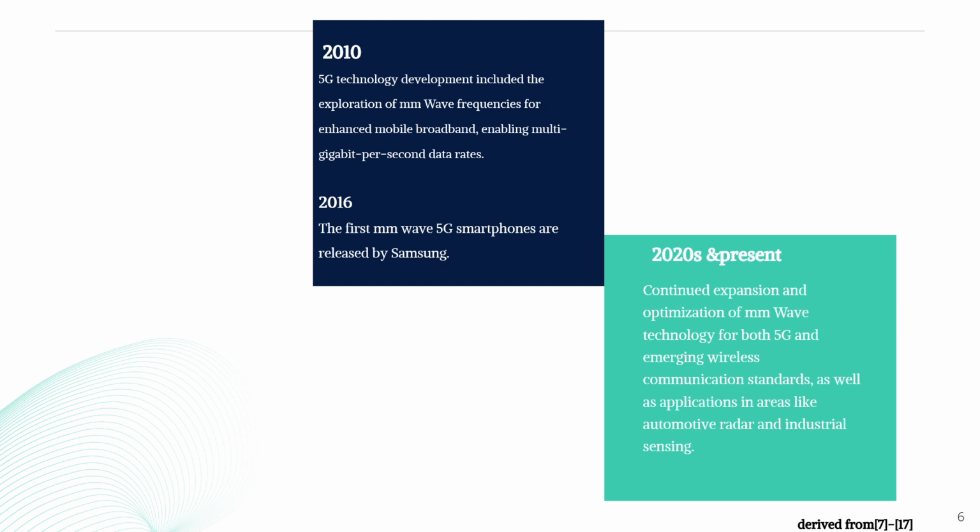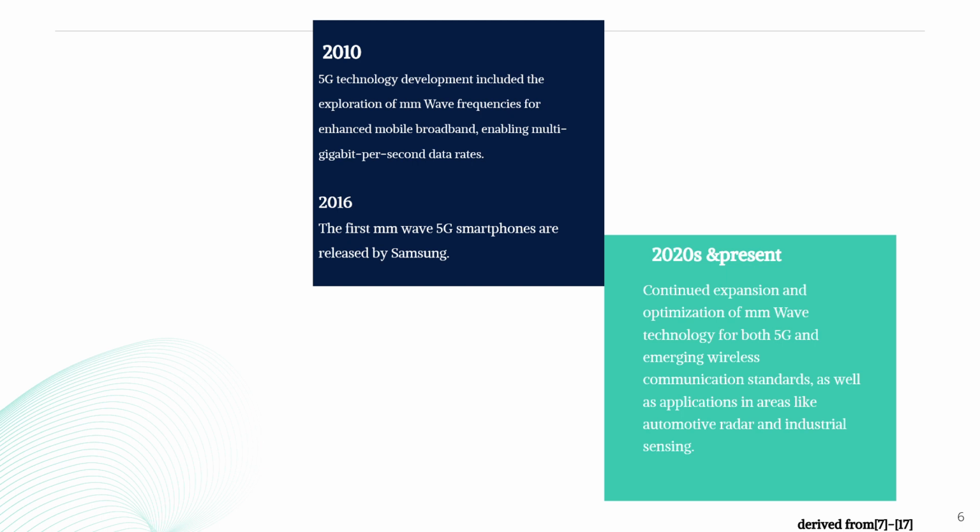And moving to 2010, 5G technology development included the exploration of millimeter wave frequencies for enhanced mobile broadband, enabling multi-gigabit per second data rates. In 2016, the first millimeter wave 5G smartphones were released by Samsung. Samsung is one of the major companies that use millimeter wave communication technology.